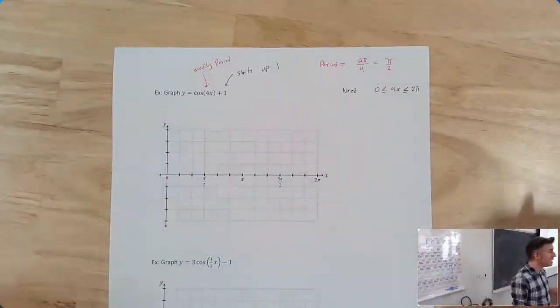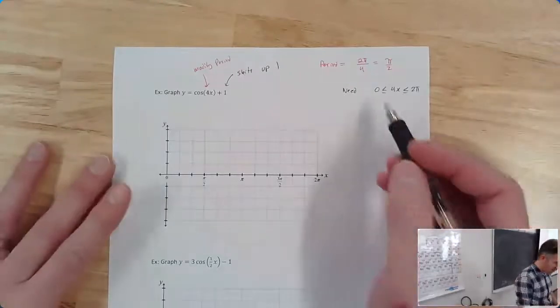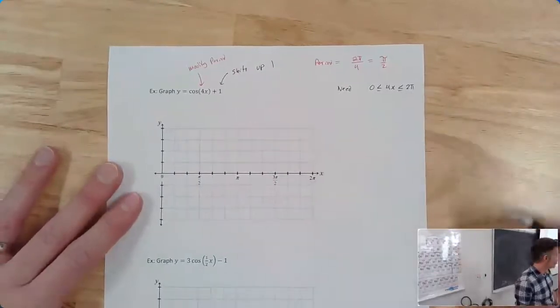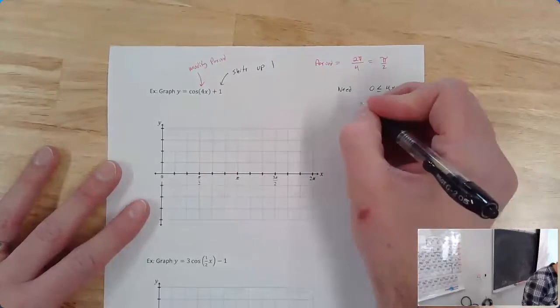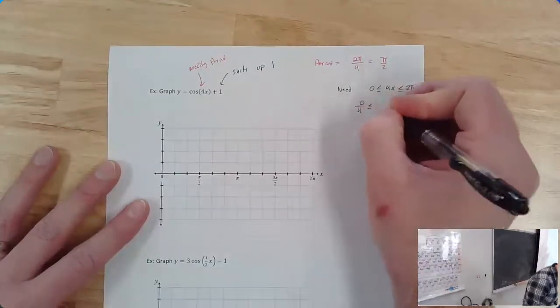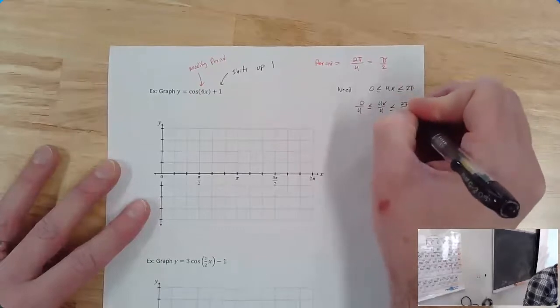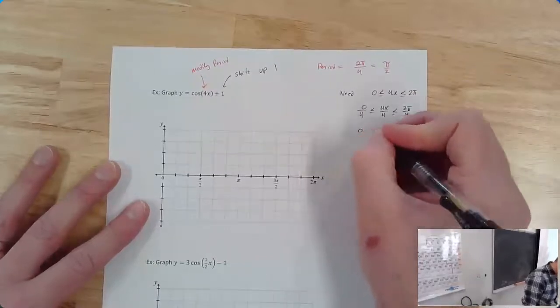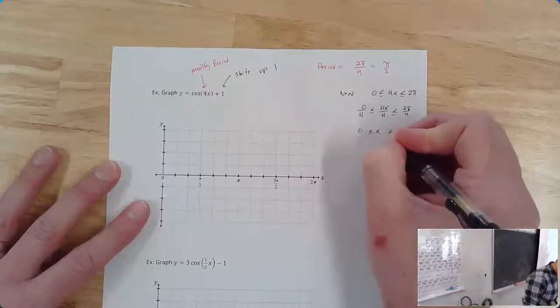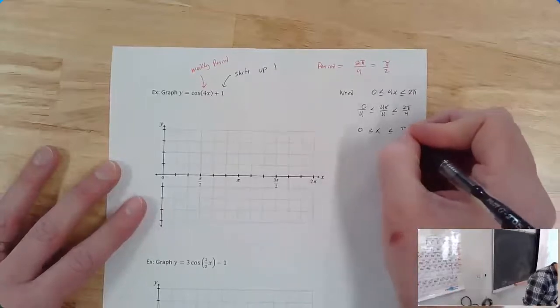If we divide everything by 4 and isolate x, 0 divided by 4 less than or equal to 4x divided by 4 less than or equal to 2 pi divided by 4 becomes 0 less than or equal to x less than or equal to 2 pi over 4, which reduces to pi over 2.